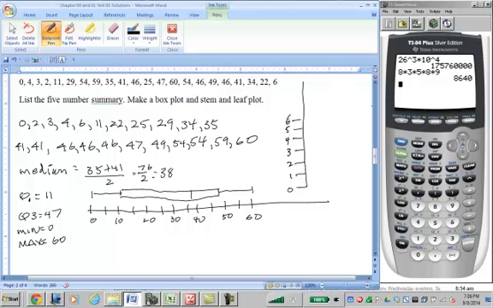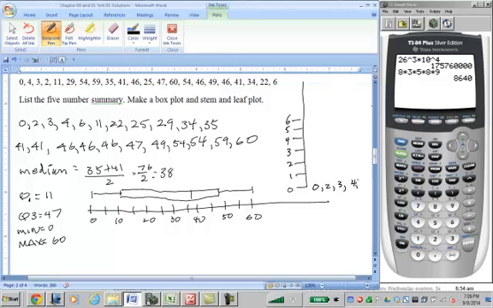All right. So 0, 2, 3, 4, 6. I've got to scroll this over a little bit here. 3, 4, 6, 11. Okay, 22. I've got to make sure I keep these numbers stacked up on top of each other. 22, 25, 29. Okay, 34, 35.